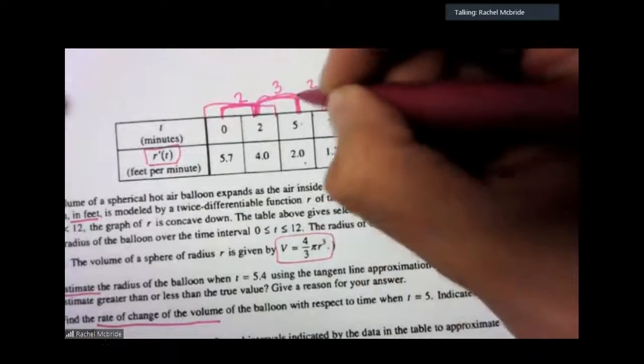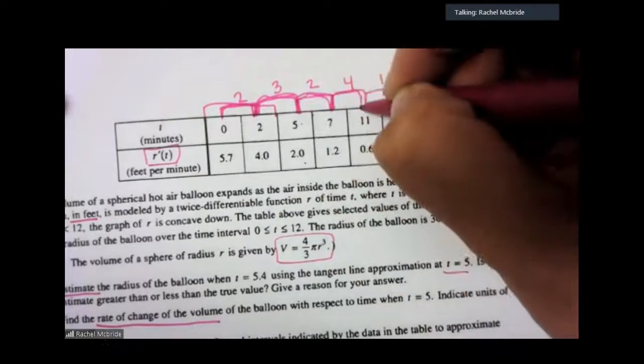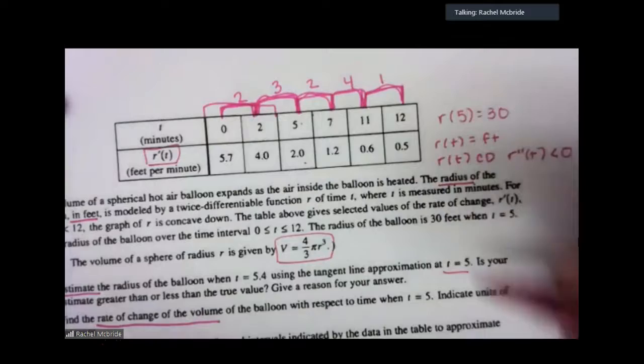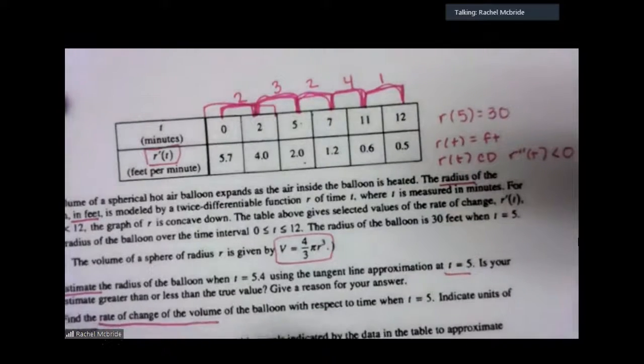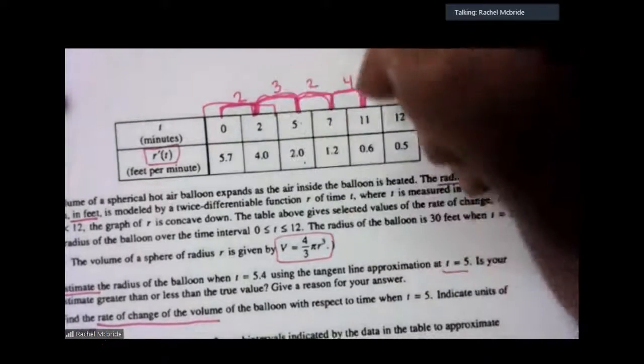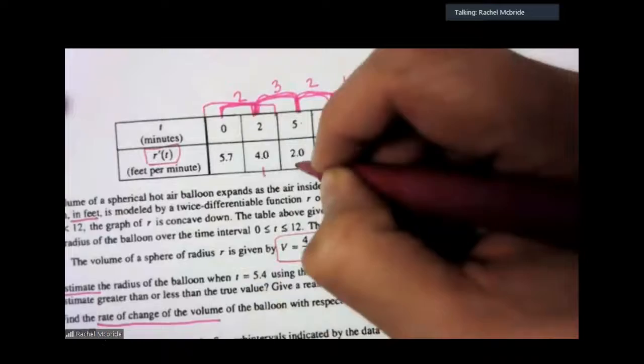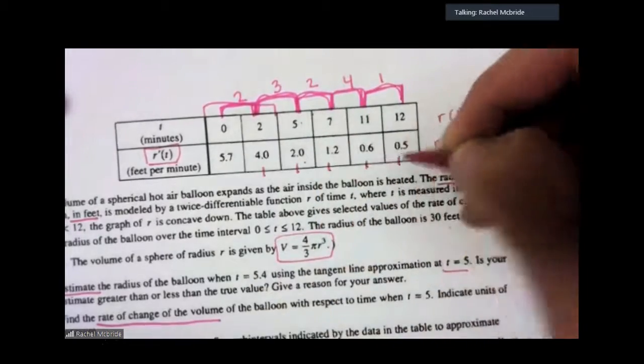So you have rectangles with widths 2, 3, 2, 4, and 1. And it wants a right Riemann sum. So what's on the right? This point, this point, this point, this point, and that point.